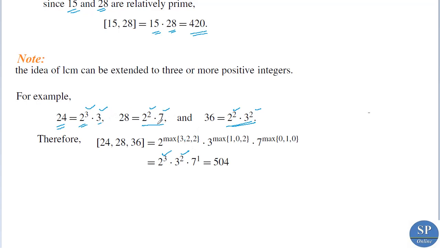Then 7 power maximum of 0, 1 and 0. The maximum of 0, 1 and 0 is 1 itself. So it is 7 power 1. So this will be the LCM, 504.